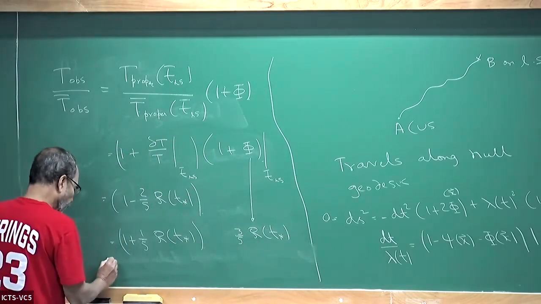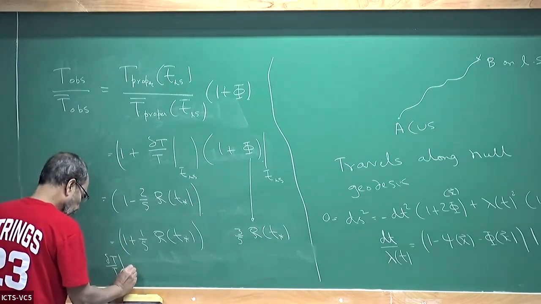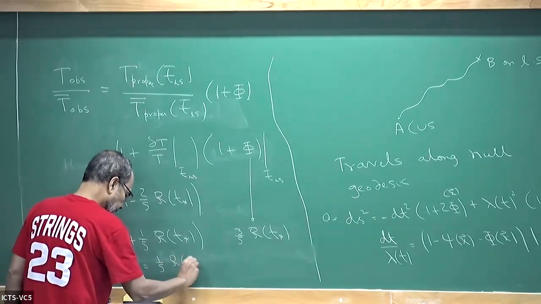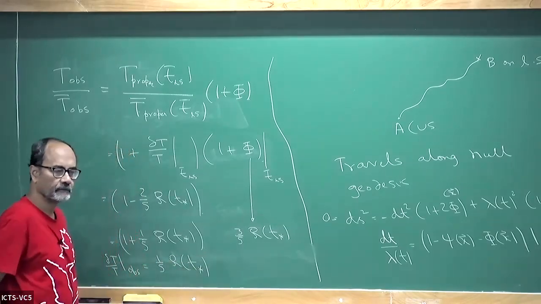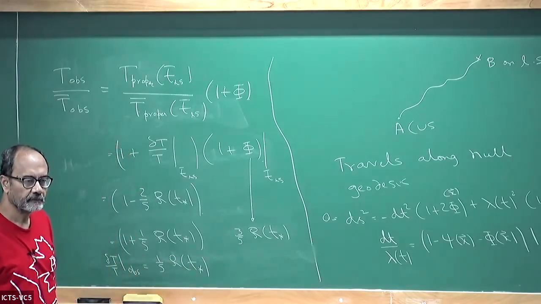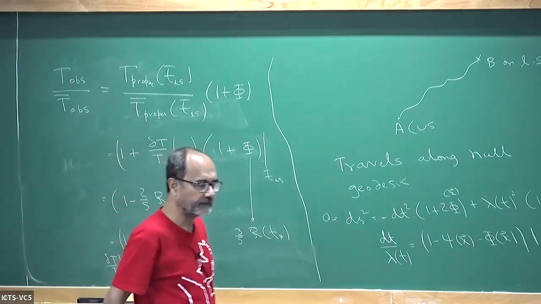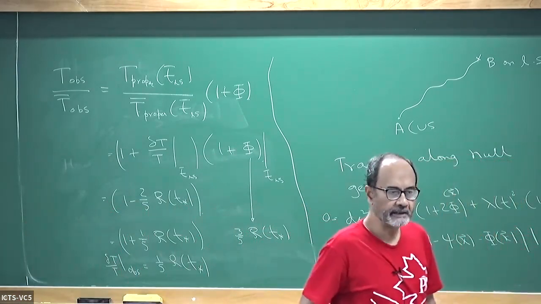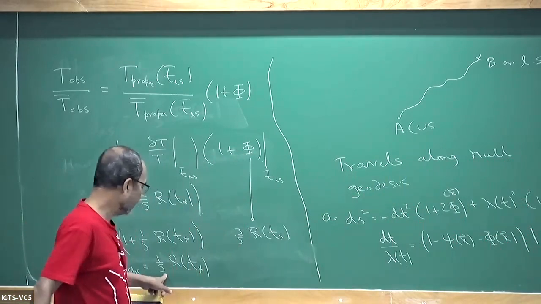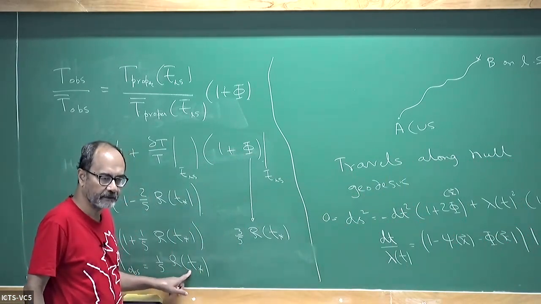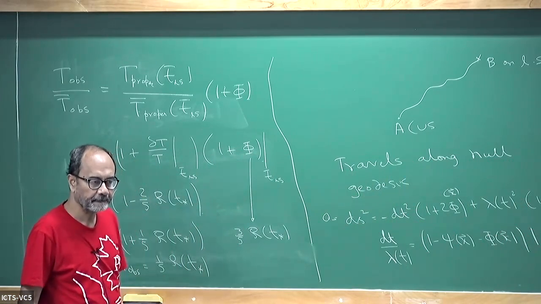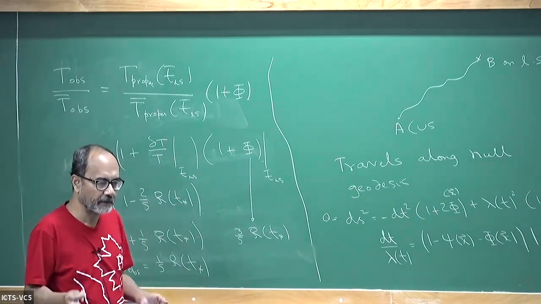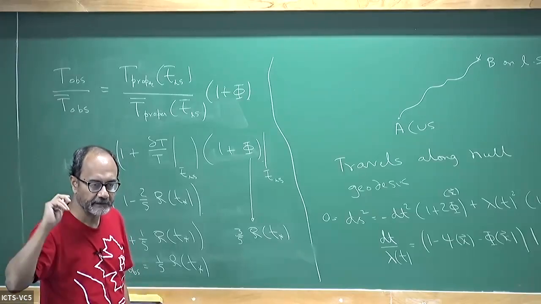So delta T over T observed according to this formula is 1/5 R of T star. Okay, so if you calculate the 2-point correlation function of delta T over T with delta T over T, you will get 1/25 of the 2-point function of R of T star with R of T star at the time of inflation. T star is basically the horizon exit. So that's the way you make the connection between what you observe and what happened during inflation.